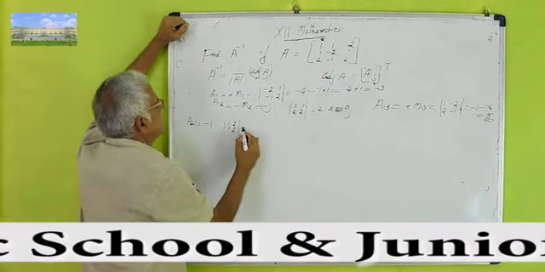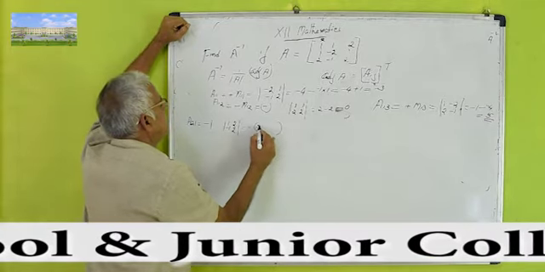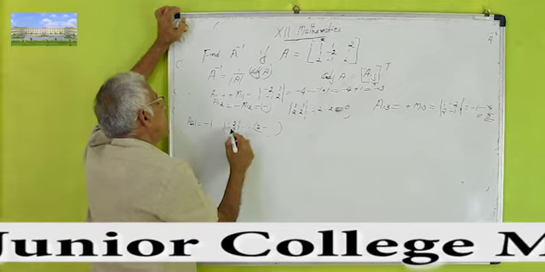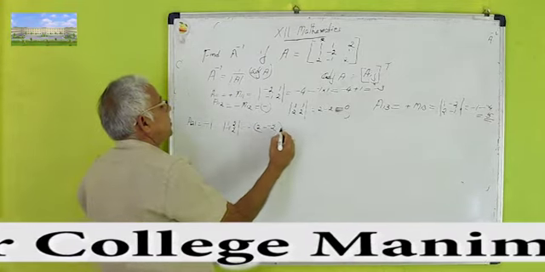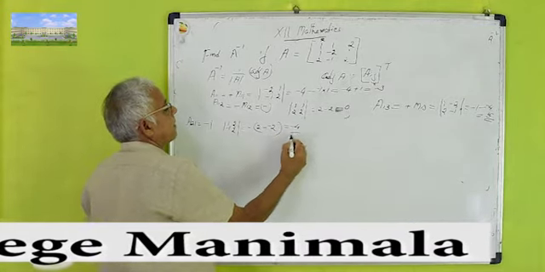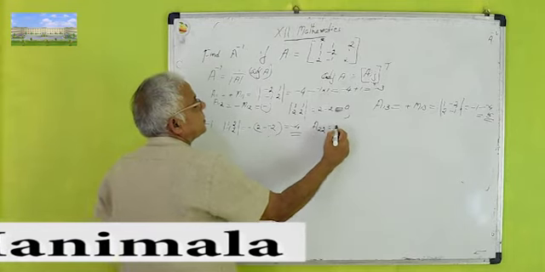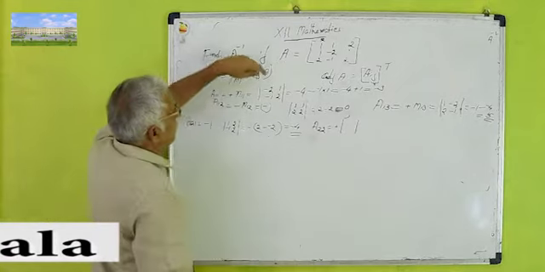The result is negative of (2 minus (-2)), that is 2 plus 2, 4, so -4. A22: the sign is positive, into M22.